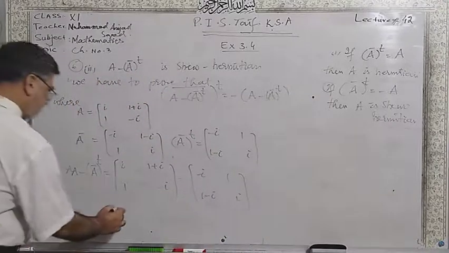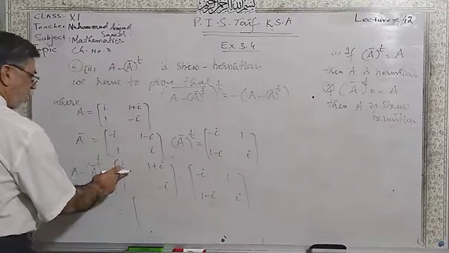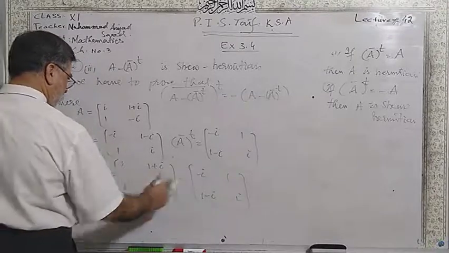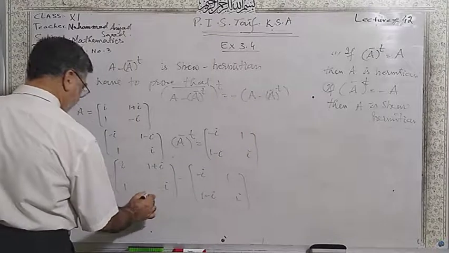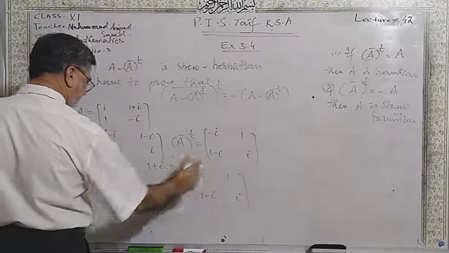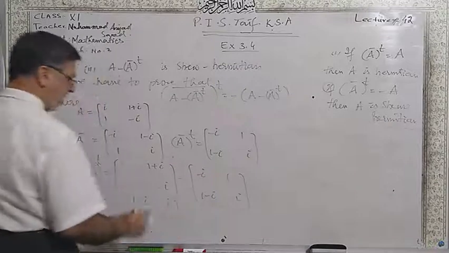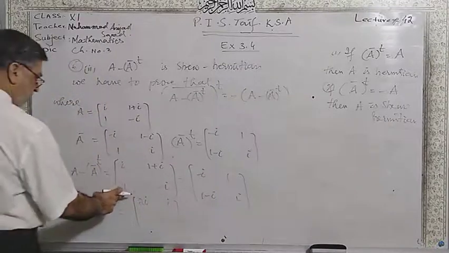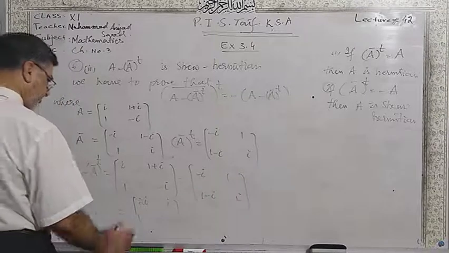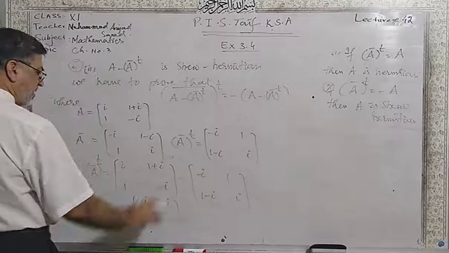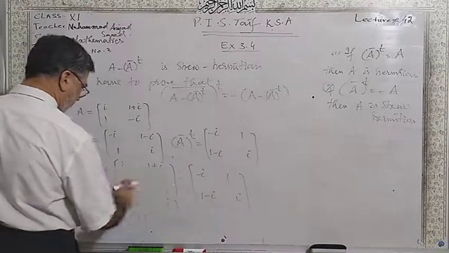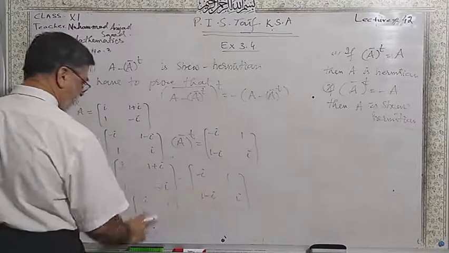A is iota, 1 plus iota, 1 minus iota, iota, and minus iota, minus iota, 1 minus iota, iota. After that, iota minus iota, what will it be? Minus minus plus, that will be 2 iota. 1 plus iota minus 1 cancelled out, iota. I am writing directly. 1 minus 1 plus iota, that will be plus iota. 1 minus 1 cancelled out, plus iota left.